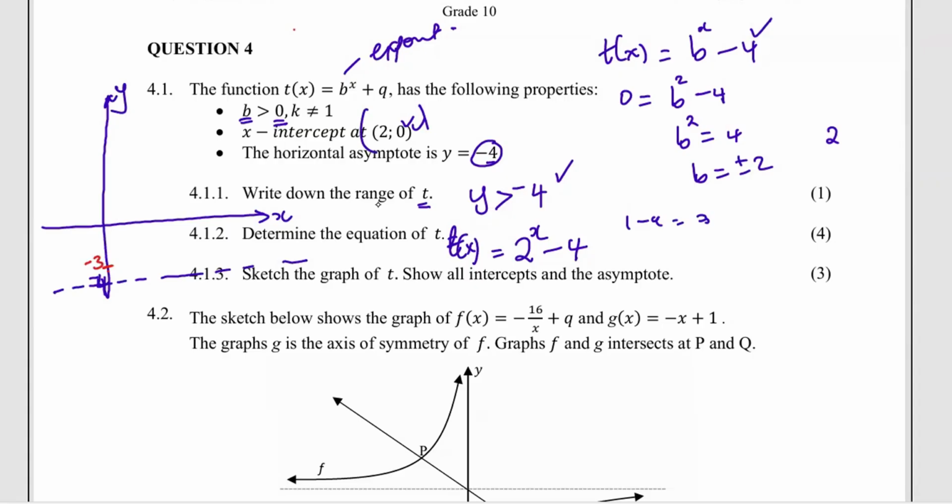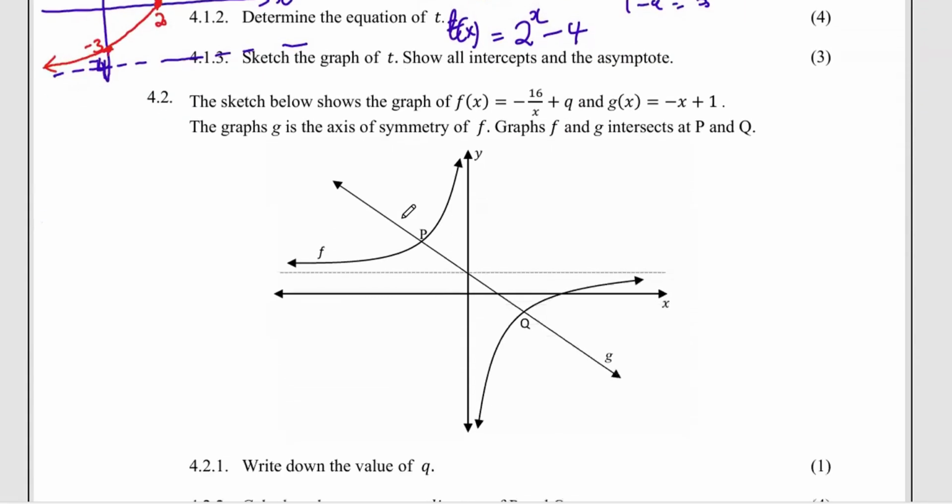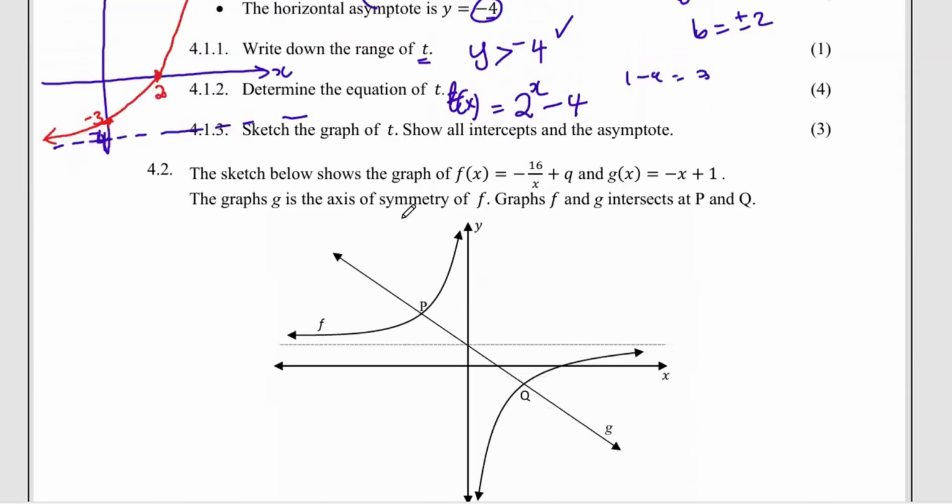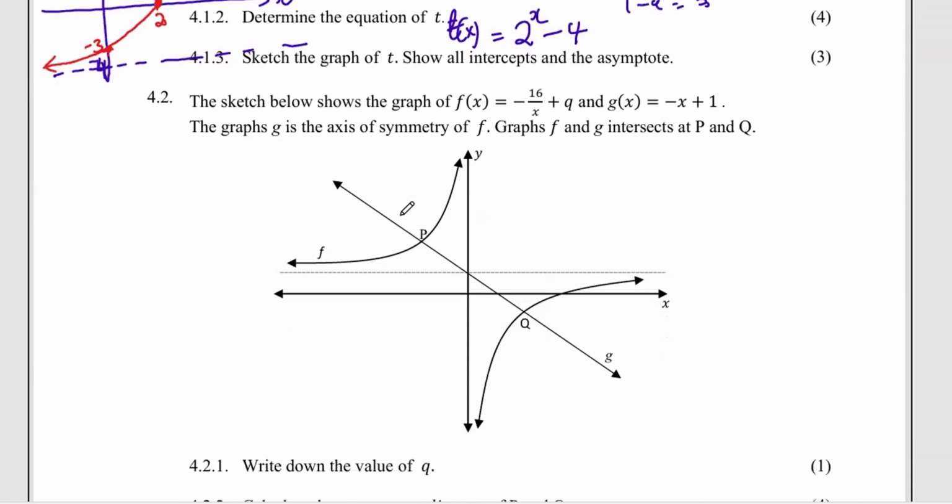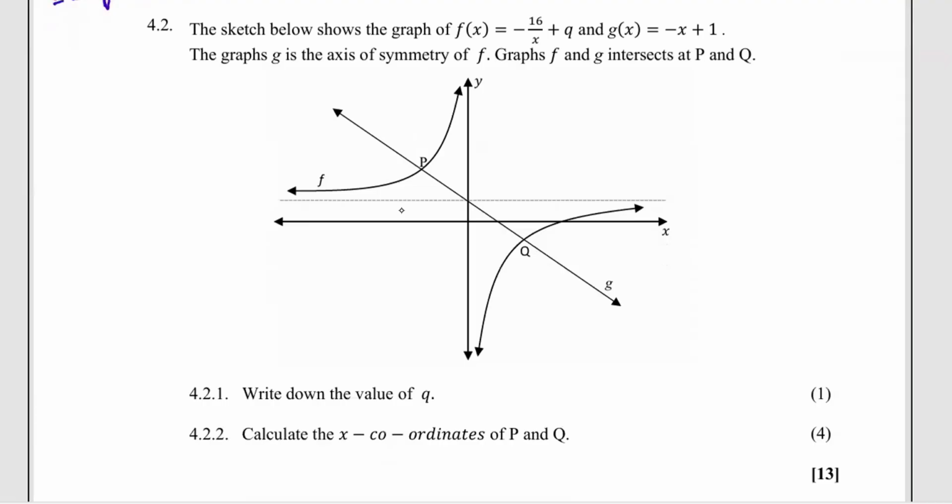And they told us it cuts the x-axis at (2, 0). So if this is our point of 2, it's going to be something like that. Remember, it's an exponential. So just in that sort of direction, okay? Then 4.2. So what are they going to mark here? They're going to mark the intercepts, they're going to mark the asymptotes, and then they're also going to mark the shape. Then sketched below is a hyperbola and then a straight line.